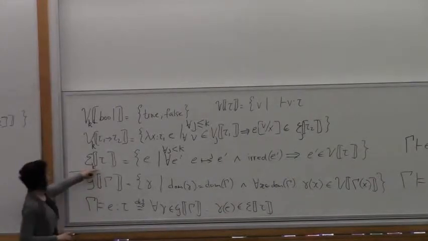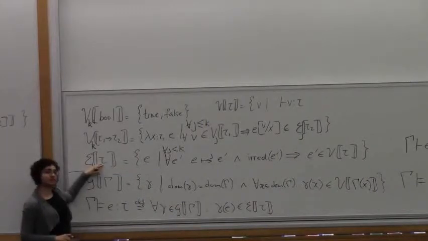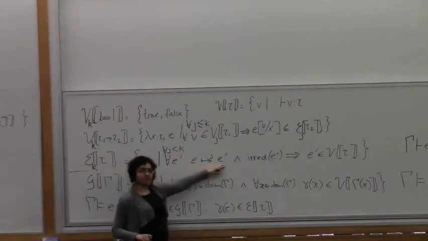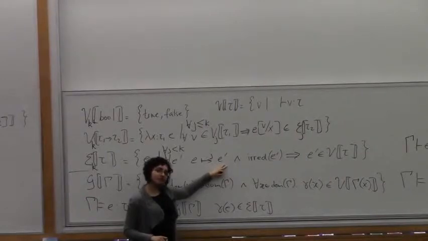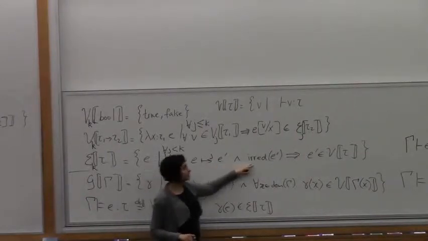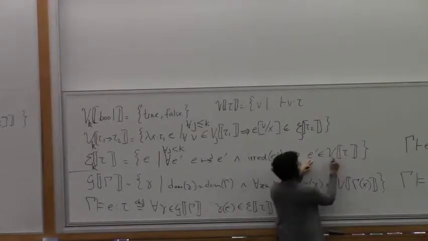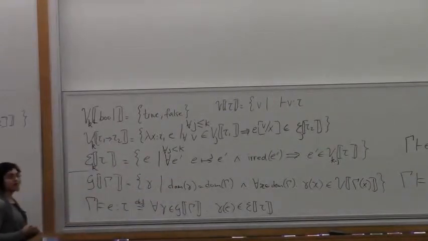Okay, so I started out, I'm trying to figure out if this expression behaves like this type for k steps. I started out with k. I used up j of those steps to get to this irreducible point. Now how many steps do I have left? K minus j. So my e prime should behave like a value of type tau for k minus j. Okay?